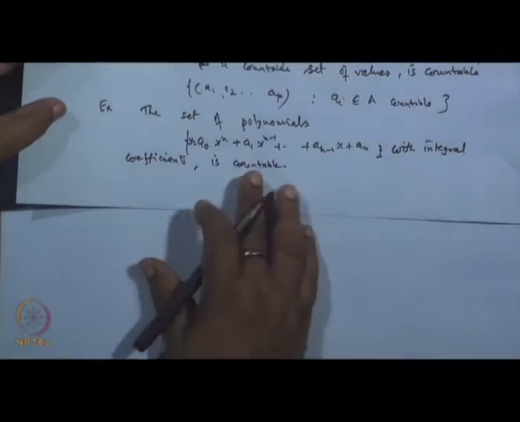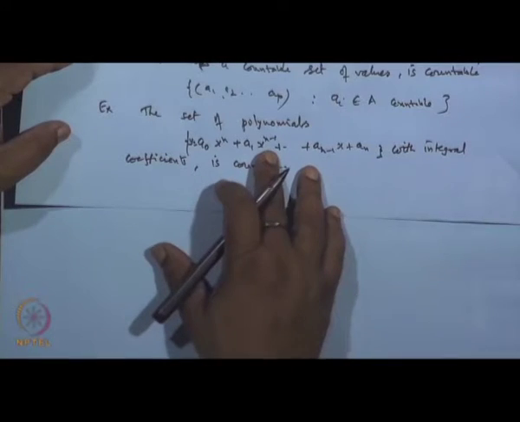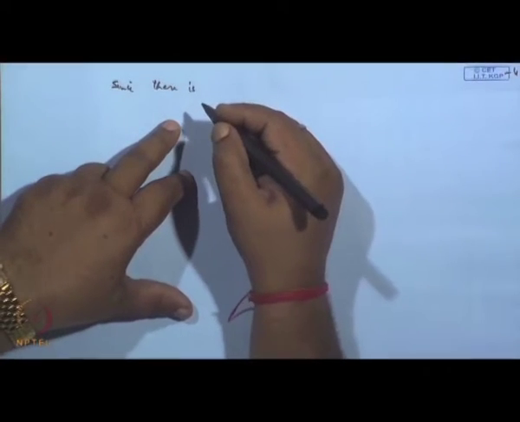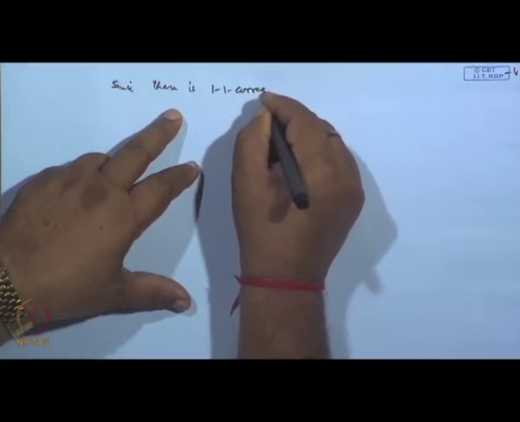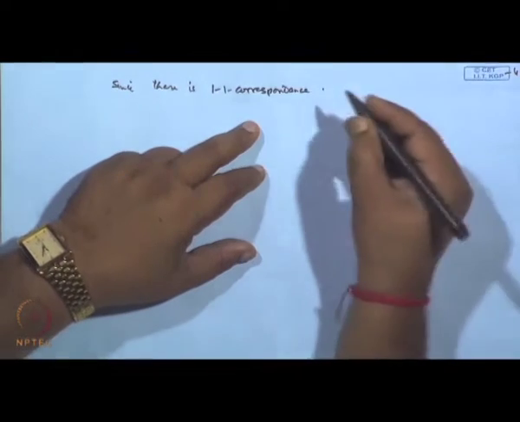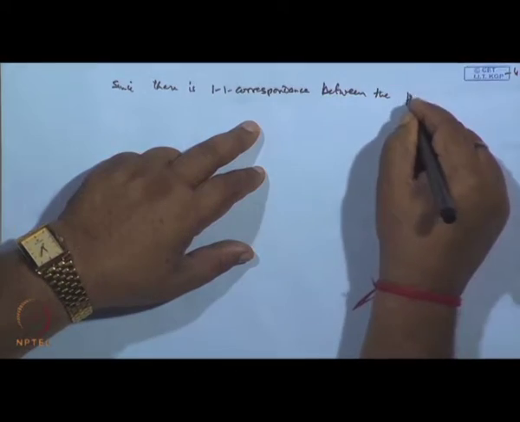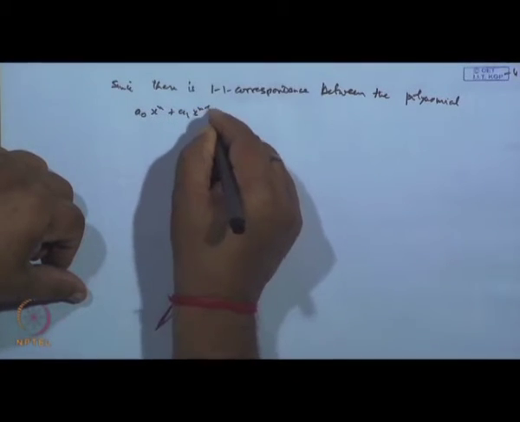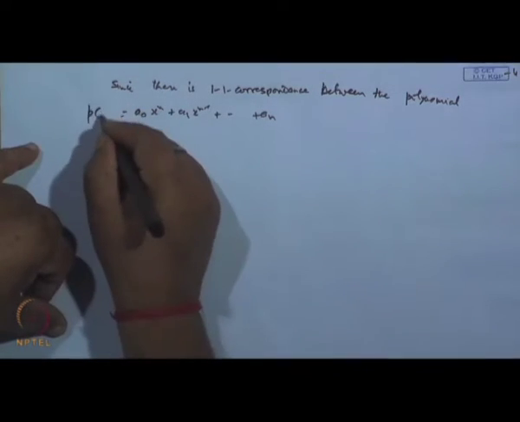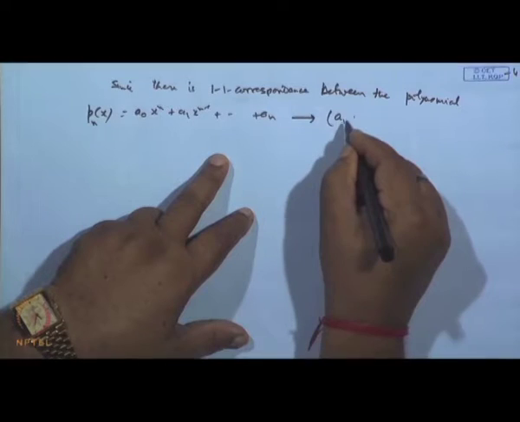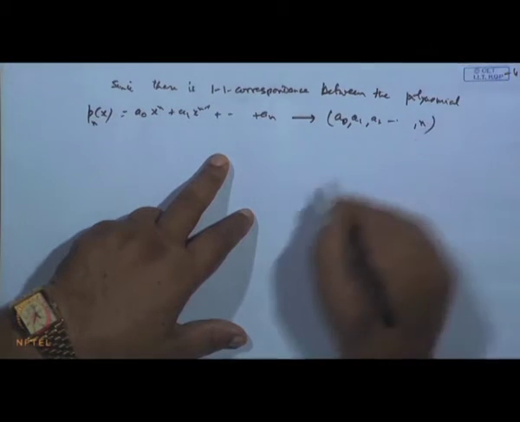Now, you see there is a one-to-one correspondence between the set of polynomials and this set of p-tuples, since there is a one-to-one correspondence between the polynomial a0 x to the power n plus a1 x to the power n minus 1 plus ... plus an, let us call it P(x), of degree n, and the tuples (a0, a1, a2, ..., an), n plus 1 tuples.